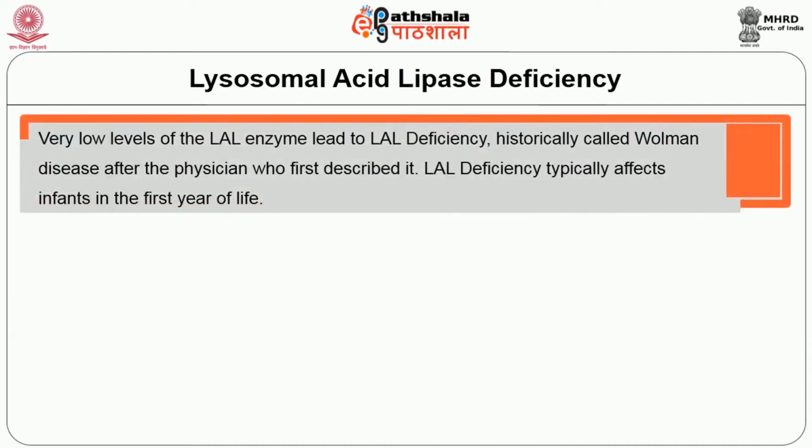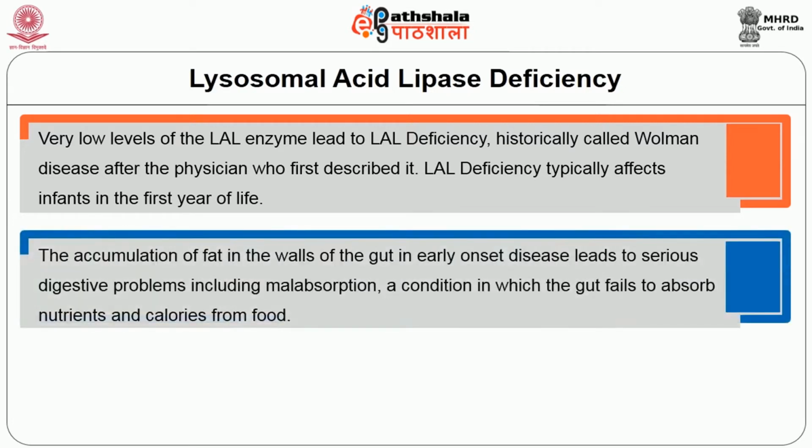Very low levels of the LAL enzyme lead to LAL deficiency. Historically, it is called Wolman disease after the physician who first described it. LAL deficiency typically affects infants in the first years of life. The accumulation of fat in the walls of the gut in early onset of disease leads to serious digestive problems including malabsorption, a condition in which the gut fails to absorb nutrients and calories from food.